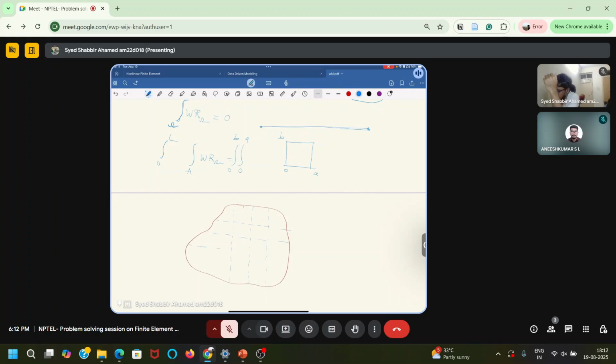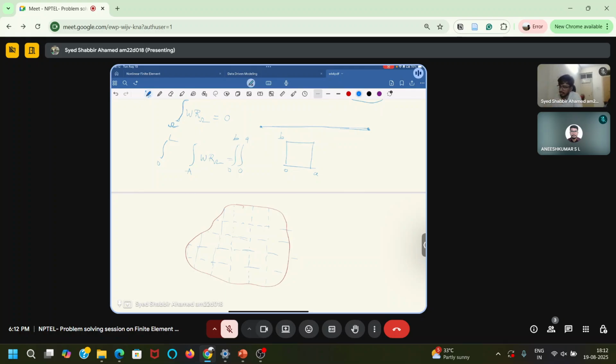So if I have a structure like this, I'll divide it into squares like this, and each of these squares I'll call an element.